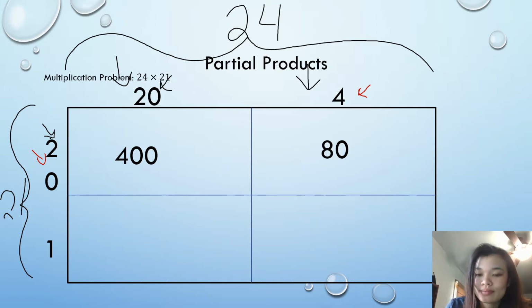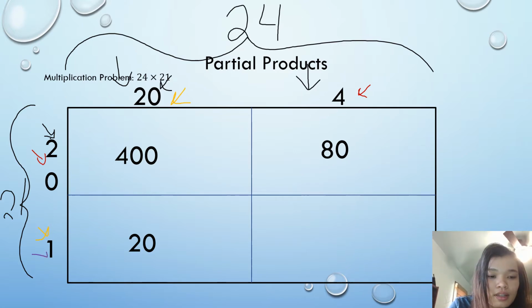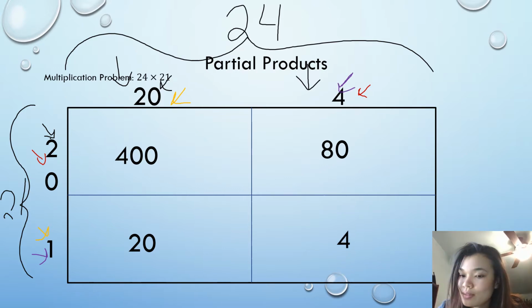So same thing again. We're going to do 1, and remember, multiplication's commutative, so whatever order you want to do them, just make sure it corresponds to that box. So 1 times 20 is 20, right? Now again, 1 times 4, which is 4.